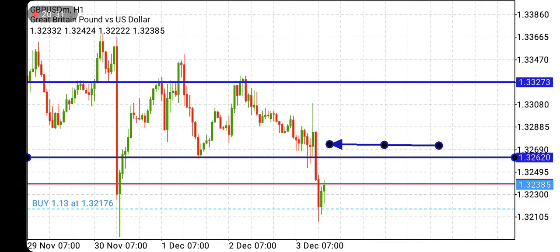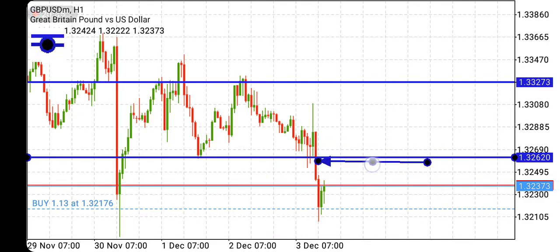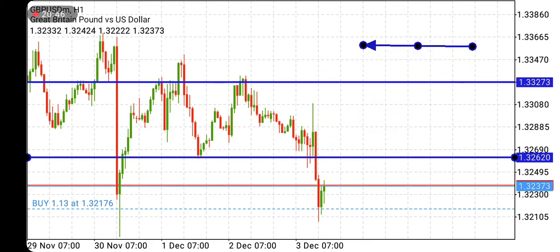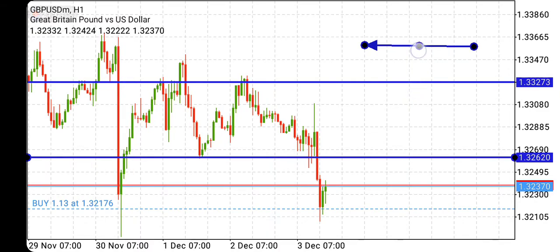Alright, so at the end of the day, we saw that there is a breakout over here. Now I also learned today that we can use the 20 moving average to have another confirmation.